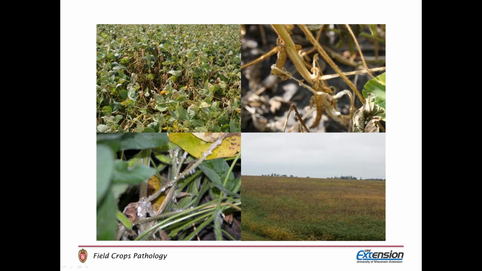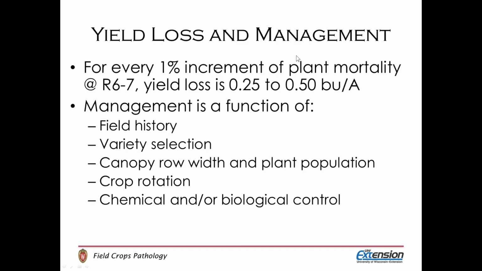When the disease is active, we oftentimes see a white cottony growth, hence the name white mold when we're dealing with this disease, and a lot of times it can girdle the stem and cause death on the main stem. When the disease isn't active, we can still see damage from the fungus here in the way of these bleached or sort of a brown paper bag colored lesion that can often extend up and down the main stems.